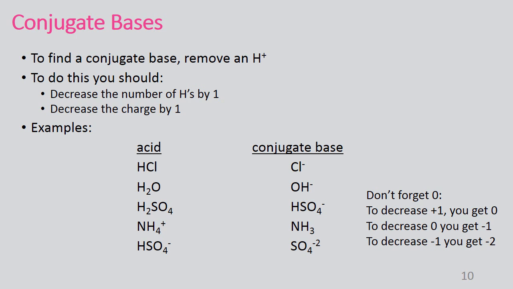HSO4 negative, if we remove an H, we get SO4, and if we decrease the charge by 1, we get -2. Sometimes students forget the 0, so if you want to decrease from +1, you go down to 0, and then if you decrease from 0 you go down to -1, and -1 decreases to -2. And the same thing happens in the other way. If you're at a -1 and you increase the charge, it goes to 0. If you're at a 0, it goes up to +1.